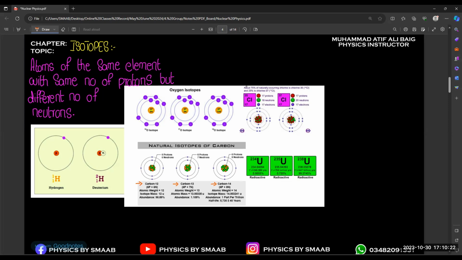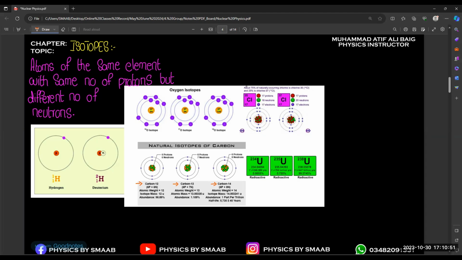Uranium 235 is mostly used for nuclear power plants, and that is not very commonly available. So these are natural elements, because all of these elements can be found in the periodic table. They have slightly different properties, since they have different numbers of neutrons. So those are naturally available.